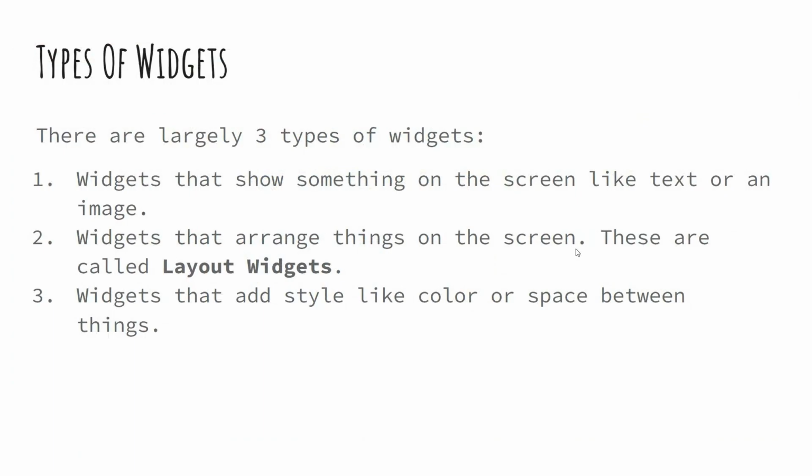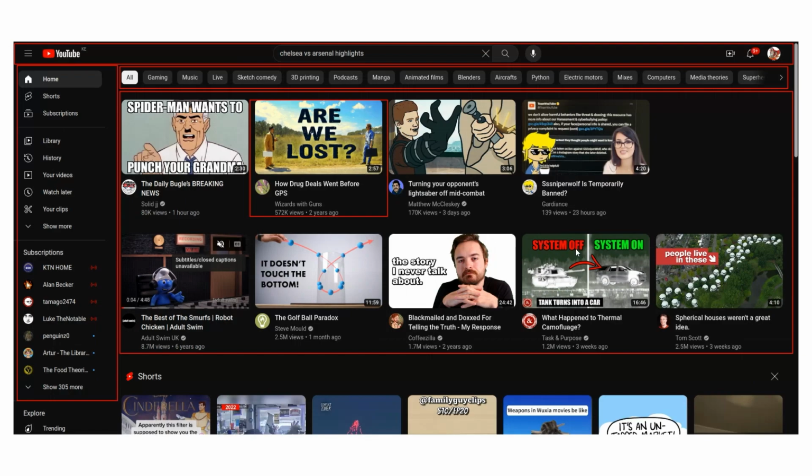And then finally, the widgets that we use to put spaces between things. Even this dark color of YouTube, there's a color widget. So we've passed in that color widget to this whole thing, to make it have that color.